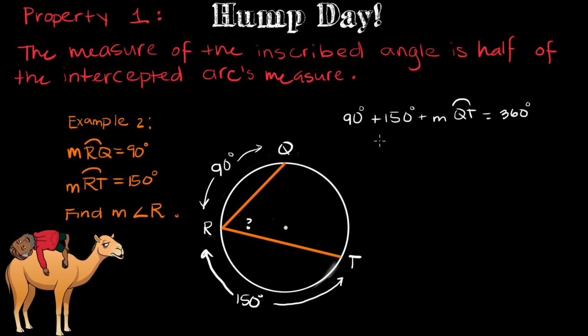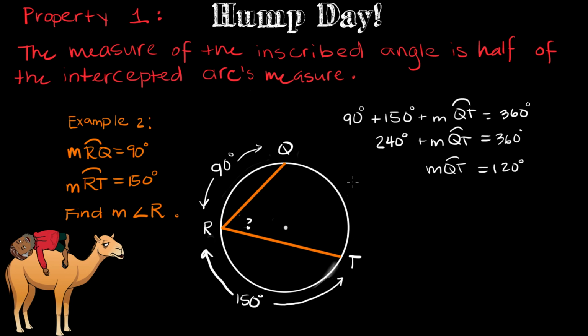All right, so now we just need to solve it. Combine like terms: this gives us 240 plus the measure of arc QT is equal to 360. Solve it by subtracting the 240 from both sides, and the result is that the measurement of arc QT is going to equal 120 degrees.